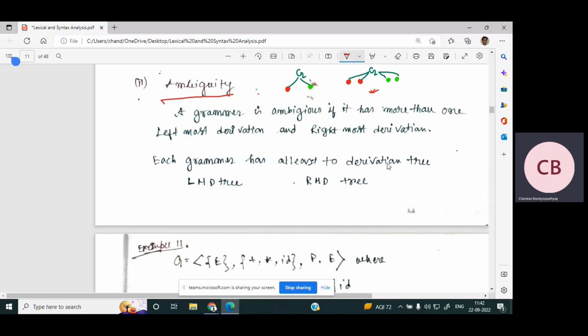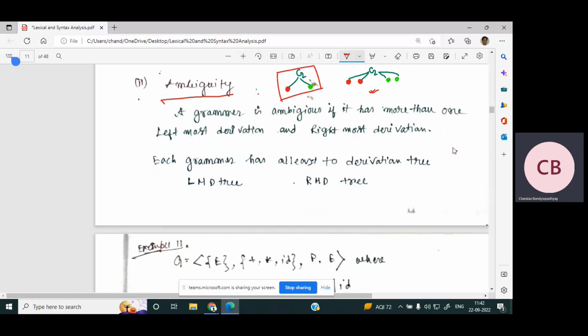I hope you can understand the statement. Now, what I said in the first case is that for a grammar there is a red dot and a green dot. So we will first discuss whether a grammar can have one red dot and one green dot, or more than one red dot and more than one green dot. If this first architecture is followed for a grammar, then it is not ambiguous.